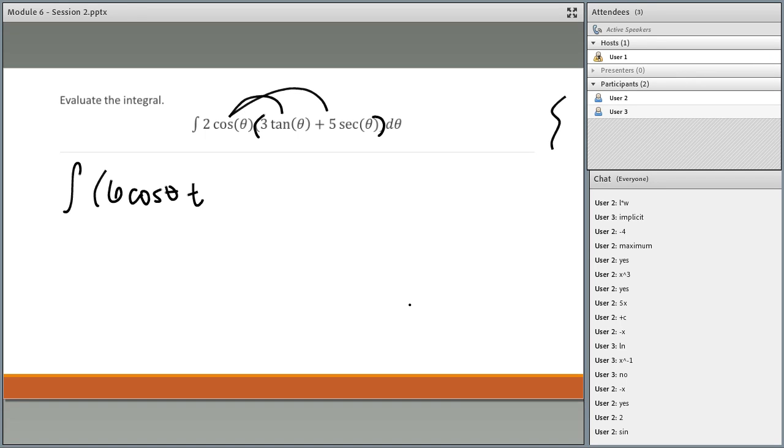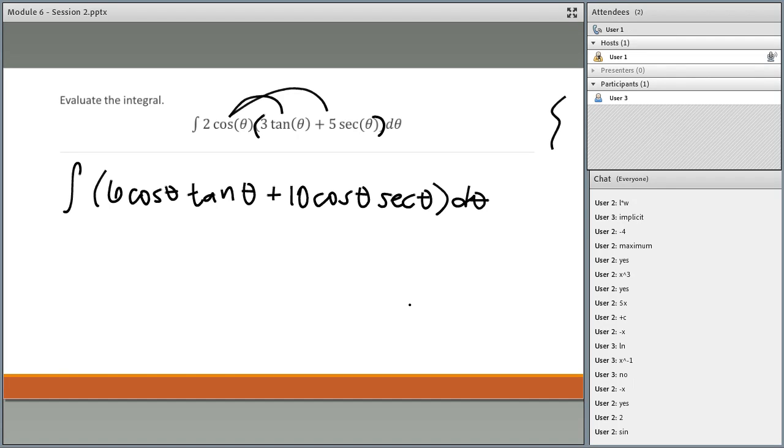So I have 6 cosine theta tangent theta plus 10 cosine theta secant theta d theta. Just combine those constants. And in cases like this, whenever I have trigonometric functions that are a part of my integral, right now it looks fairly complex and I don't have an integral for the way that it's written out.